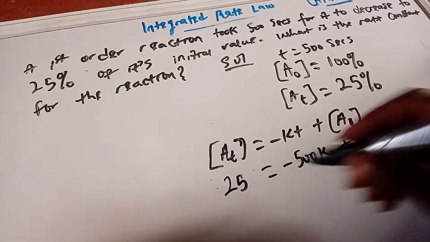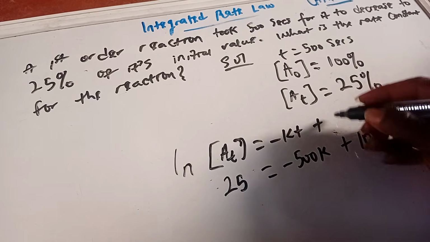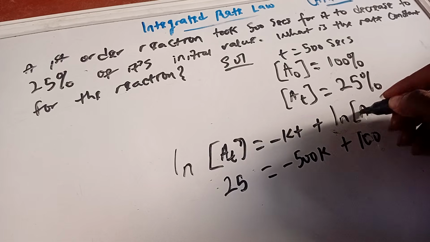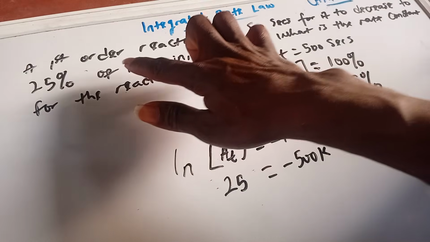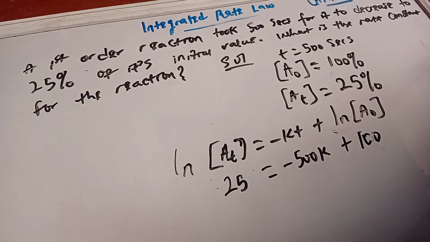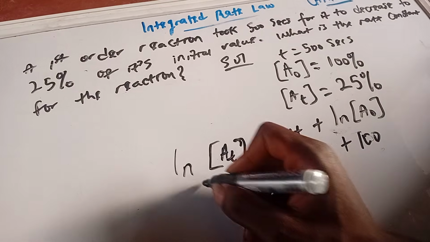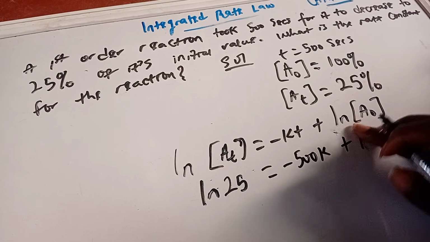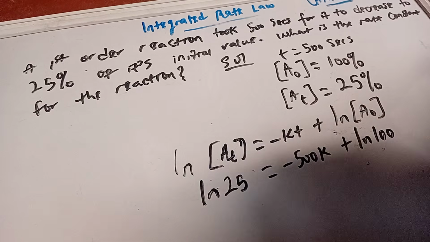Oh, we are told that it is first order, yeah, so that's ln A naught. Don't mix the formulas together. The initial formula I used is for zero order. So this is first order. Please take note of that. So the first order equation is this: ln 25, this ln 100. So you have to be careful during your exam, please.